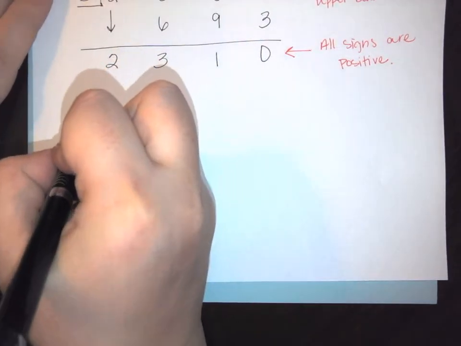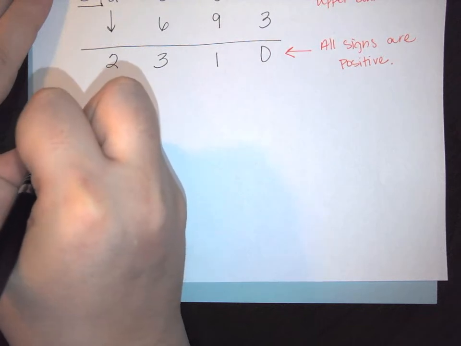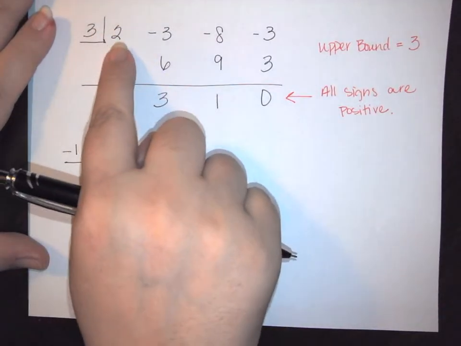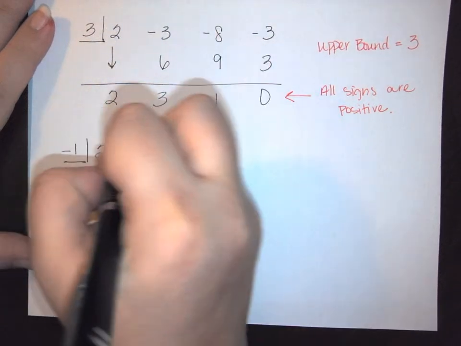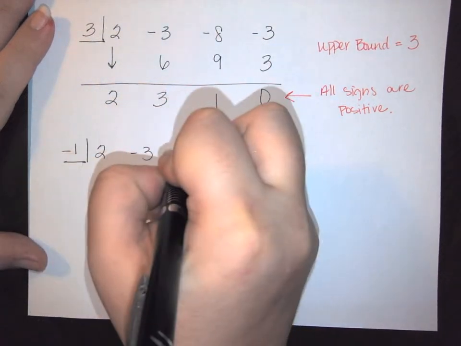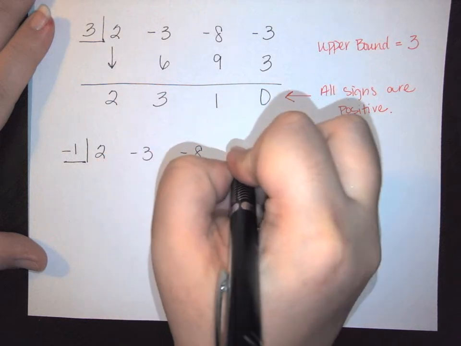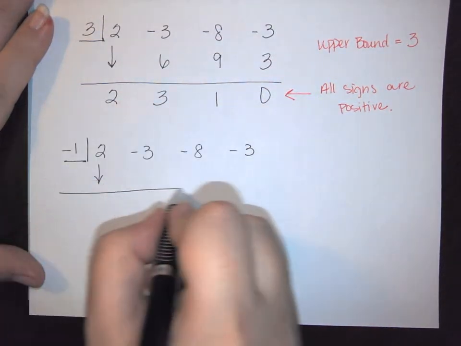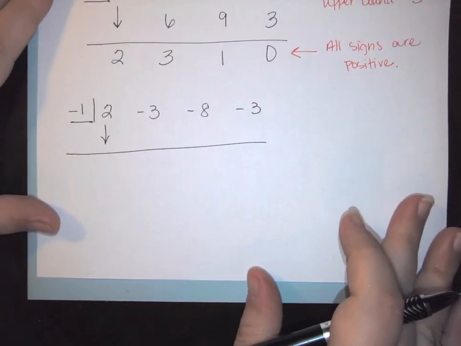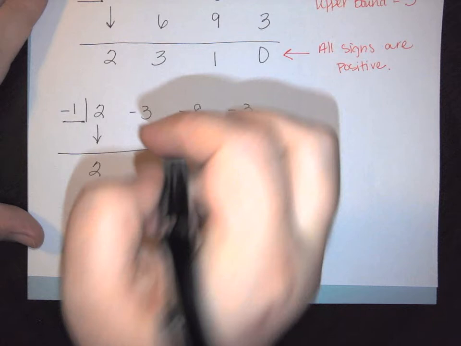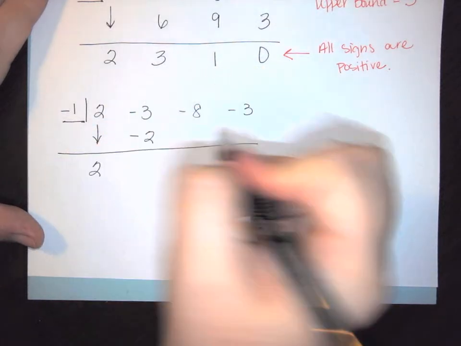Drop the 2. 2 times the -1 goes underneath, so this is -2. Then we're going to do vertical addition again, so we've got -5. Times the box gives us 5. Run your addition, you get a -3. Bottom times the box is going to give us 3. Run addition, you get 0. Again, it doesn't matter that you got 0. What matters is we're looking at the signs.